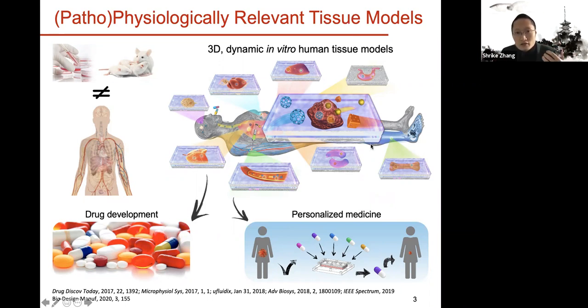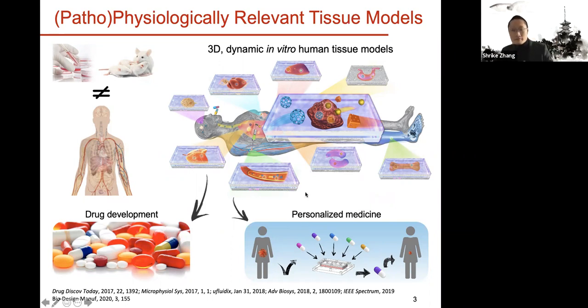Now you not only have the three-dimensionality of the organs, but also the dynamics built into these devices as well. And more interestingly, you can link these different tissue or organ models together in the way that these different organs are connected in the human system. So now you can start to also look at their interactions and also interactions with different drug molecules and all the pharmaceutical agents you put into the system.